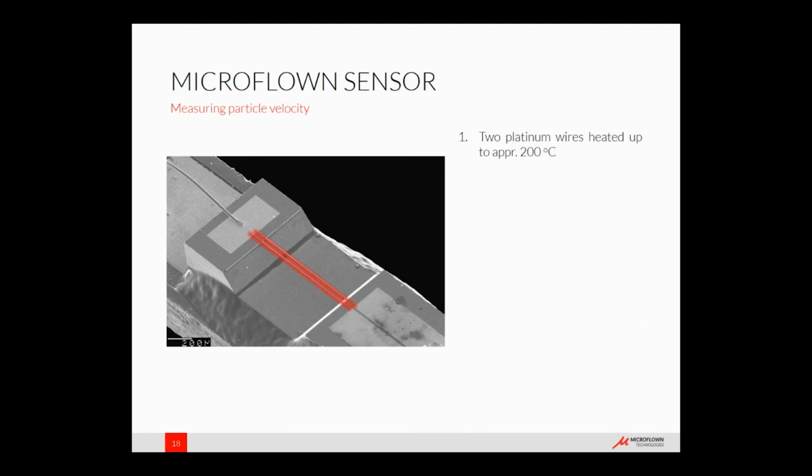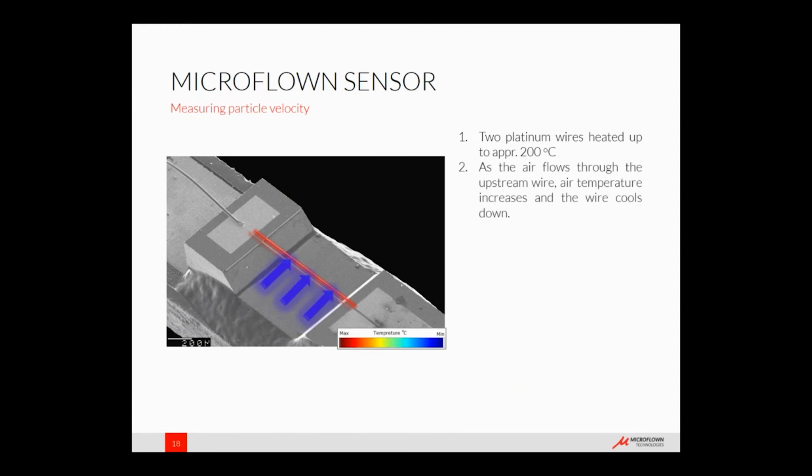And what we are using is a temperature differential sensor. When the wavefront comes to the first wire, there will be a heat interchange. So basically two things will happen: the particles will warm up, but also the first wire will cool down.